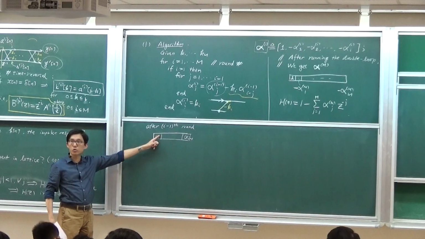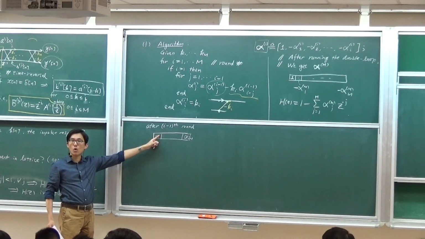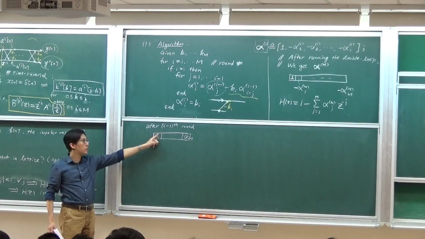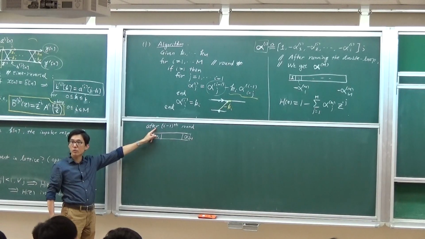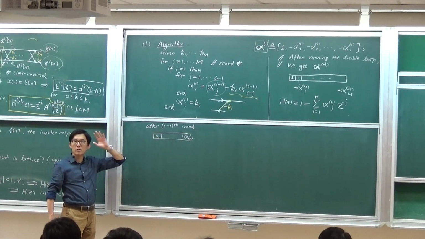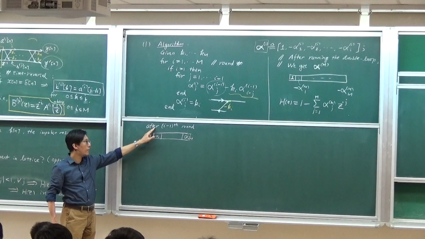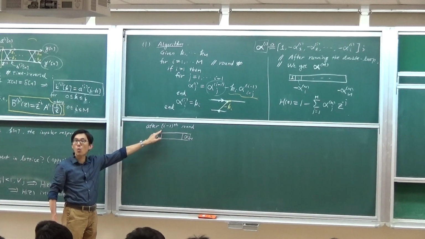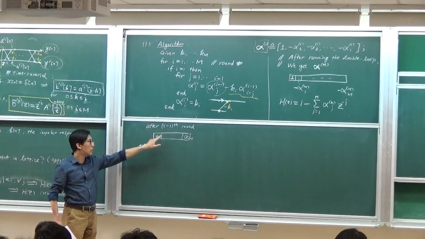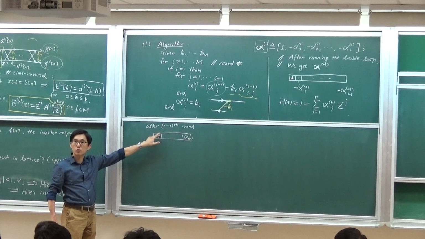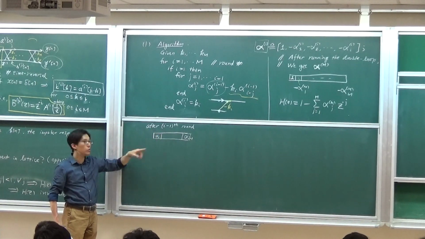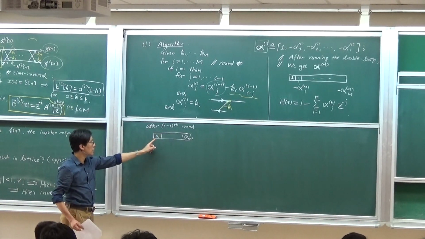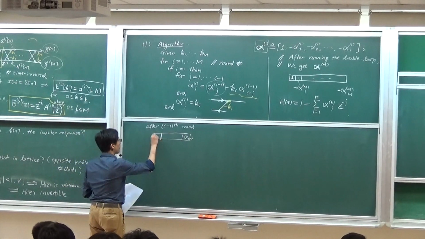I'm omitting the superscript here because I already said this is the temporary result immediately after the I minus 1th round. Allow me to omit the superscript. But what we get is that you always get a result like that, right?